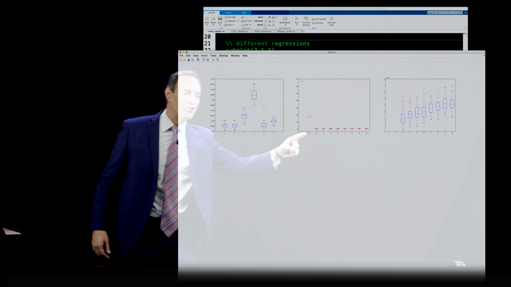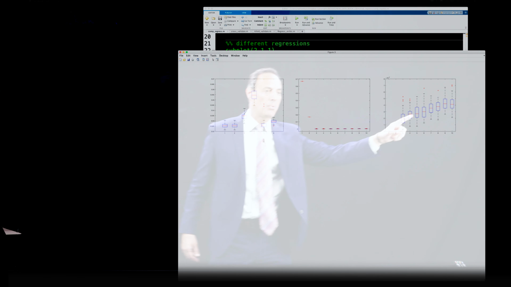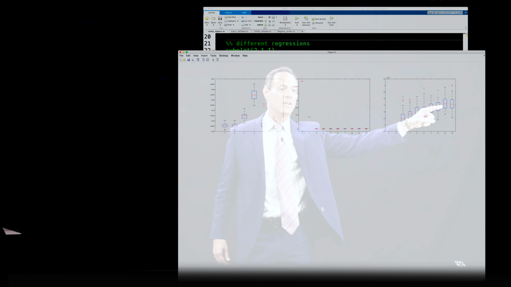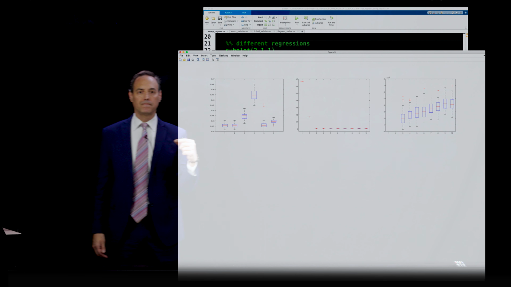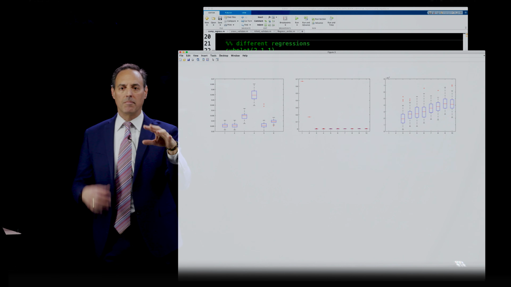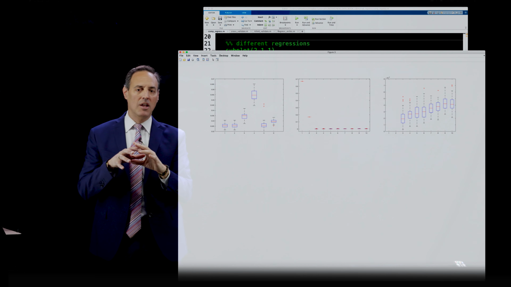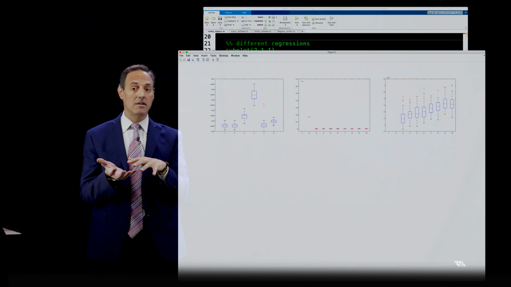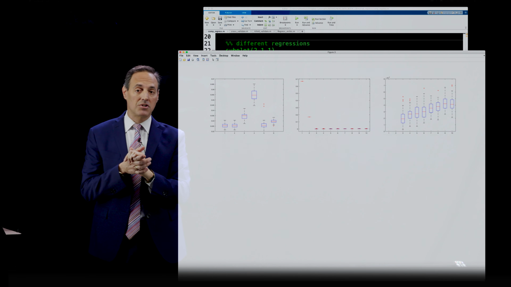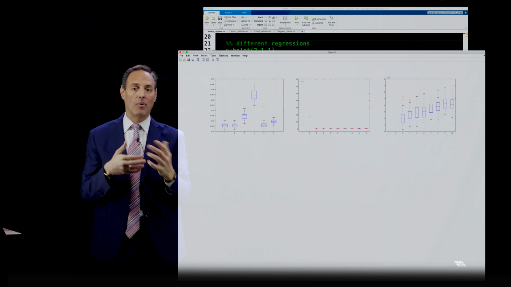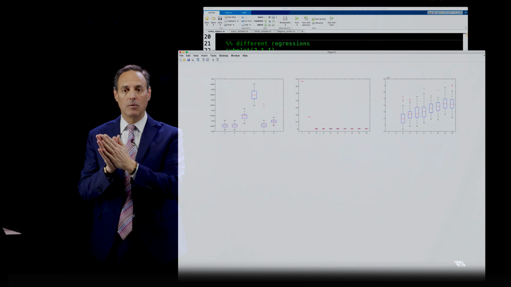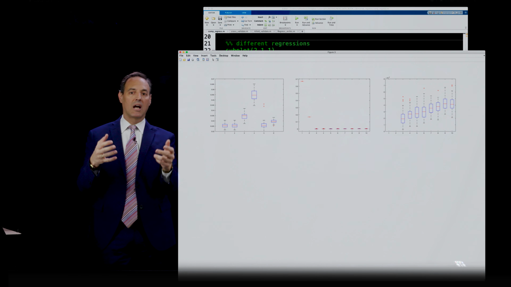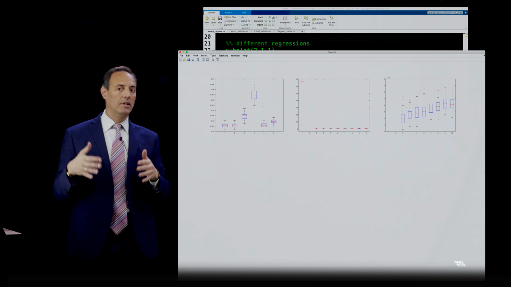In fact, if I zoom in on this region, that's what this plot is, notice that my error on a zoomed in plot is doing worse the higher degree polynomial I pick. Which is usually a little counterintuitive, because normally what you think is, well, the more flexibility I give my model, the more parameters, I should be able to just keep dropping my error down. And this says, actually, you're starting to do worse by adding more parameters, because in fact, this thing really wants to be a quadratic. So this idea of interpretability coming through your regularization is really critical.